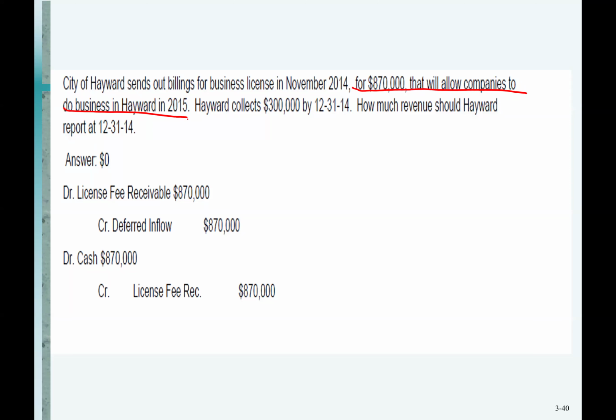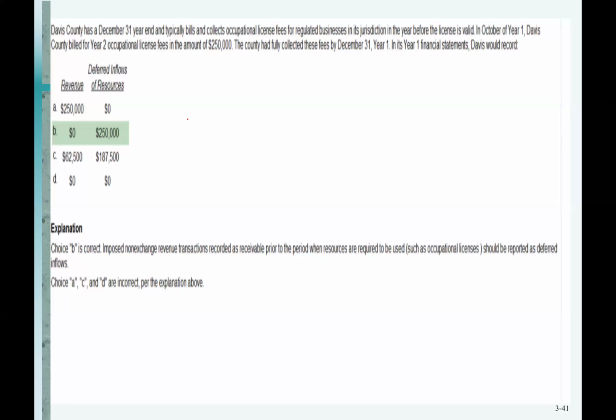It would not become revenue until what? Until 2015 in this example, when we've actually entered the year covered by the licenses. This is a variation. I could probably get rid of that other one. This one I took from CPA review material.